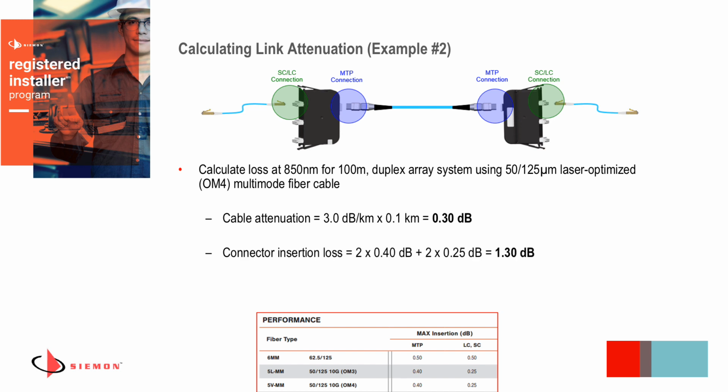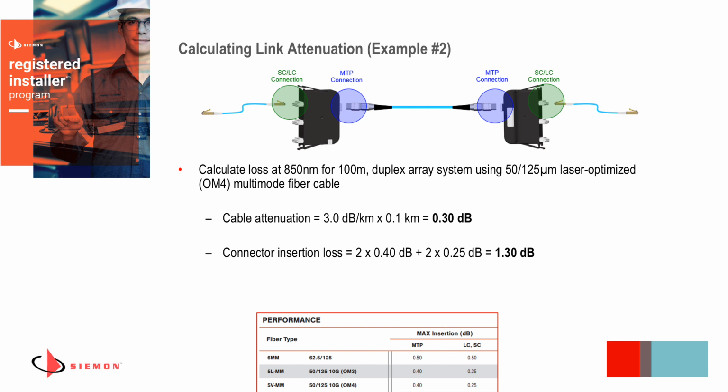When we get to the connector insertion loss, because it's an MPO system that has plug-and-play modules at the end, we need to factor in both our MPO losses as well as our connector losses, like the LC connectors. If you look at the table at the bottom, and these are included in all the spec sheets for plug-and-play modules, you see that the MPO loss for an OM4 system as well as an OM3 system is 0.4 dBs for the MPO connector, or the MTP connector I should say, and 0.25 for the LC connectors on the other side of the module.